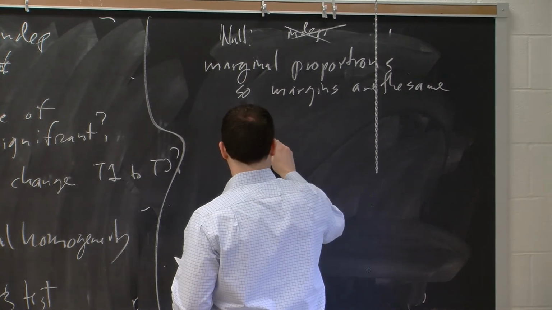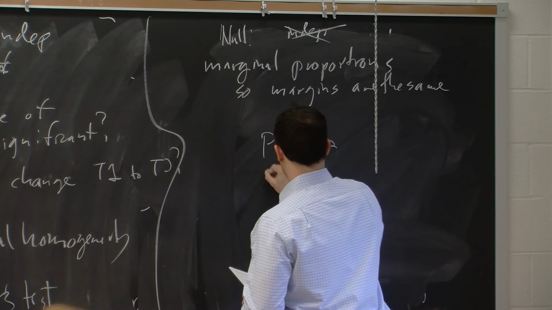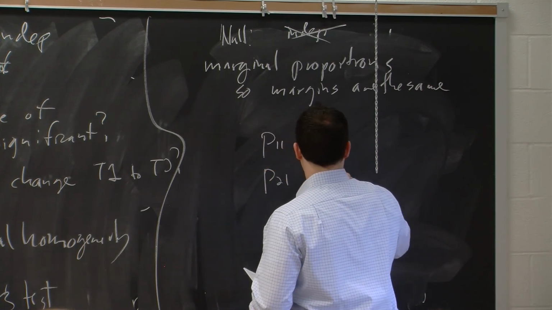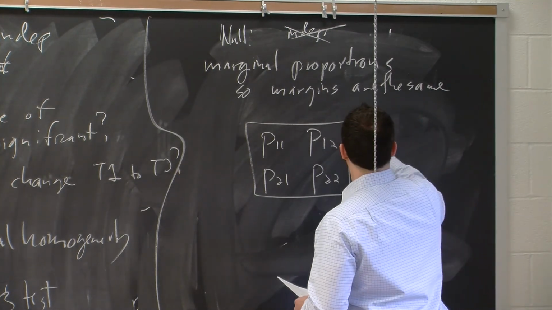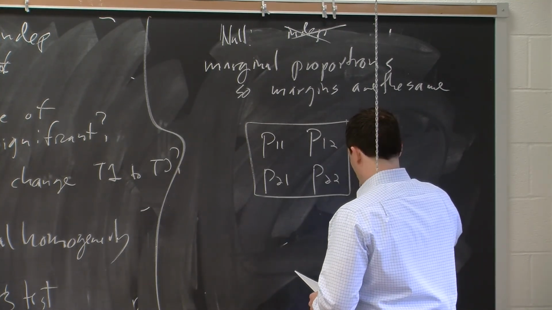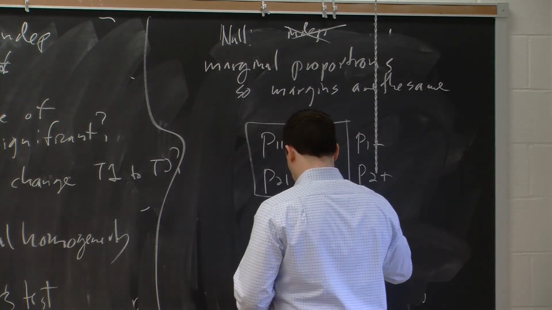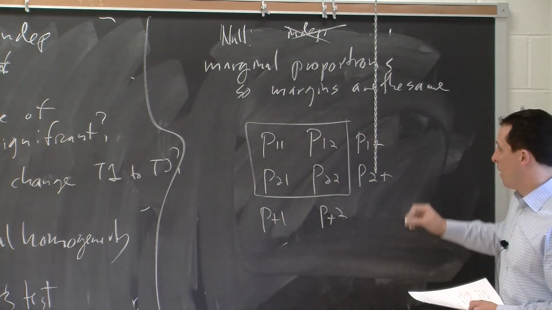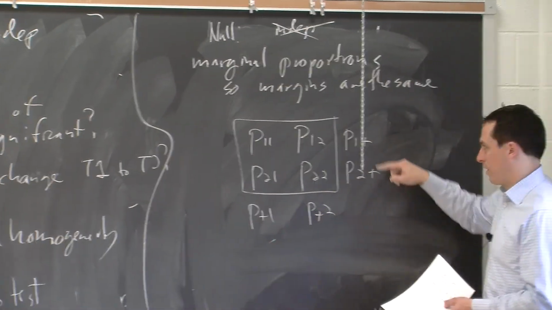So if I think about it this way, I can write P11, P12, P21, P22. That's my table. My margins are P1 plus, P2 plus, P plus 1, and P plus 2. I'm interested if this number changed, in 2 by 2 tables. If there were more than 2 by 2, there'd be more categories.